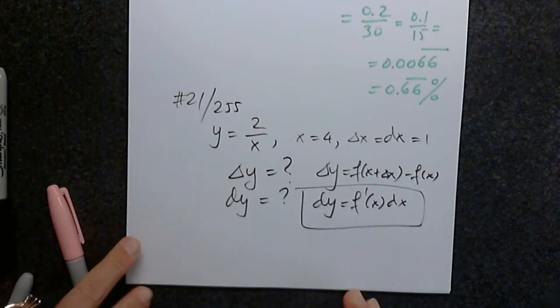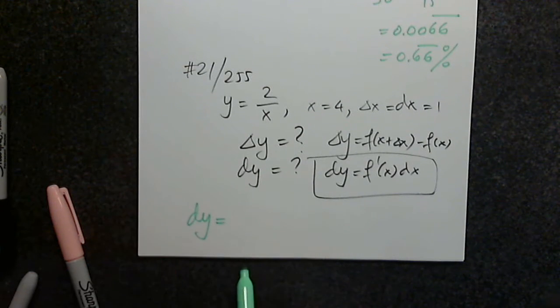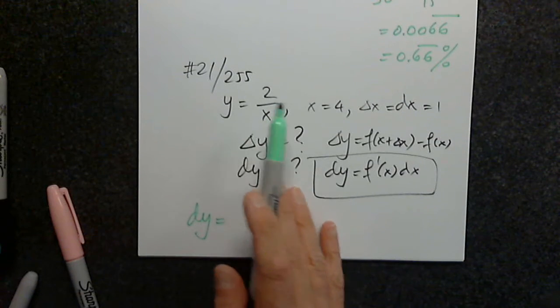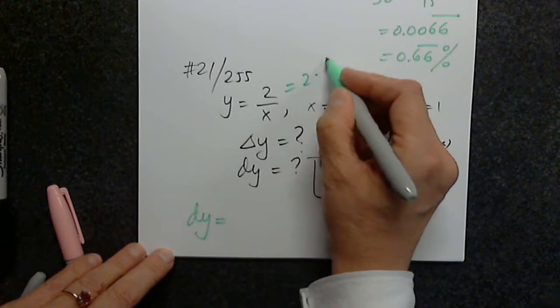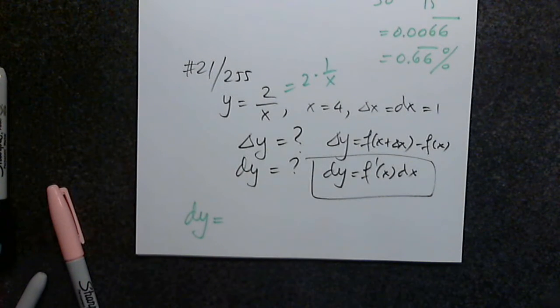So let's start with that. So dy, we know the derivative of 1 over x. There is a 2 in front. It doesn't matter, right? So this is the same as 2 times 1 over x. We know now the derivative, and I hope moving forward we remember it, is negative 1 over x squared.